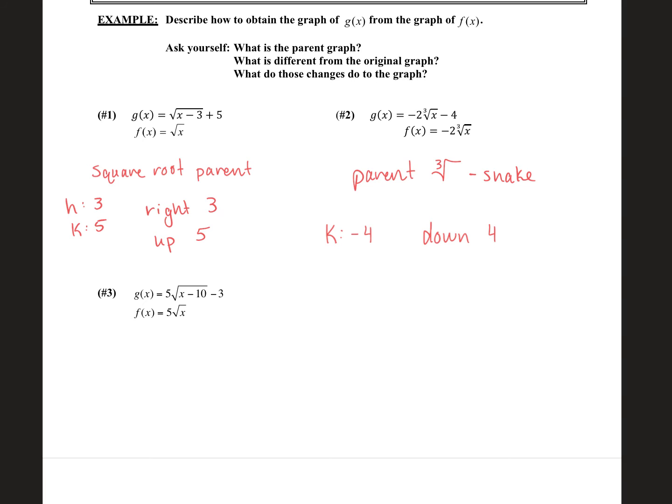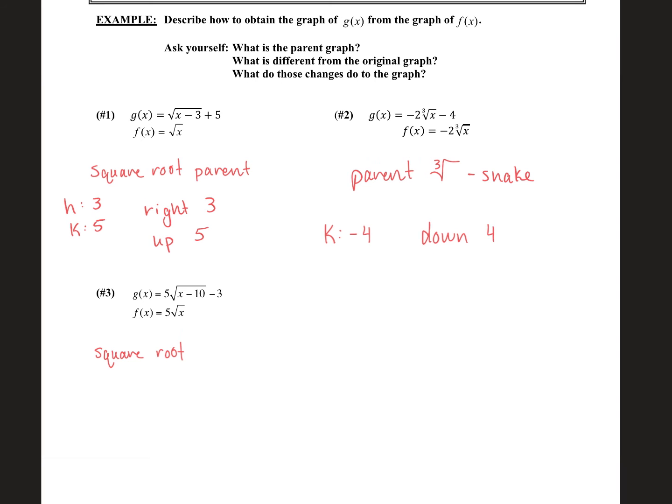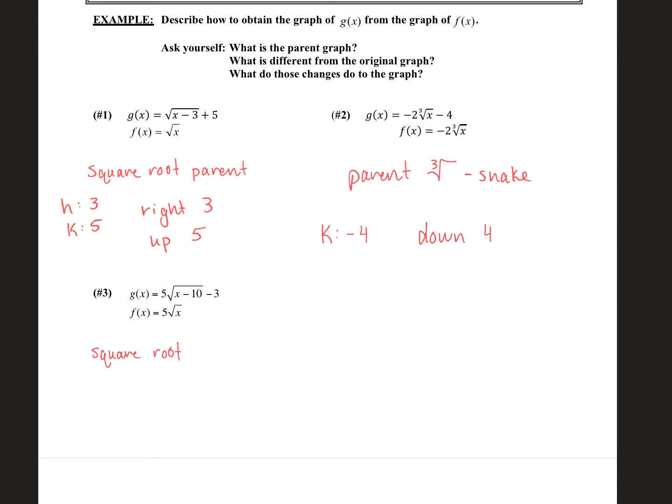And then number 3, we have g of x equals 5 times the square root of x minus 10, minus 3, and then f of x equals 5 times the square root of x. So we have that square root parent, and the difference between them is this minus 10 and minus 3. Remember that h is the opposite.